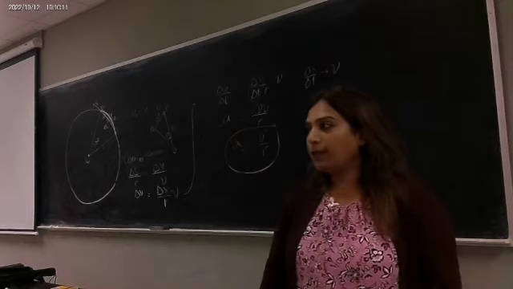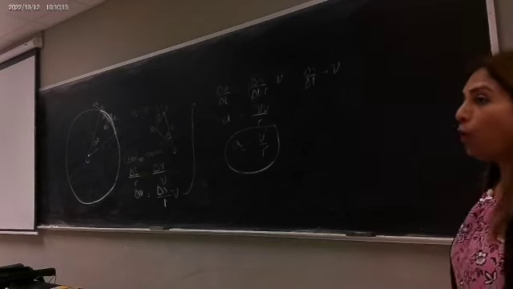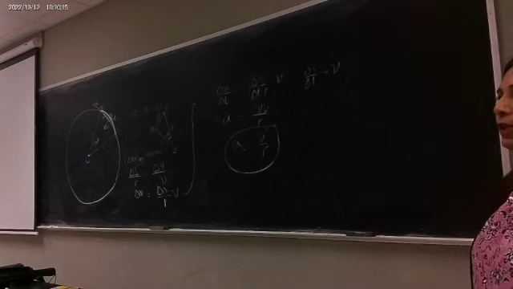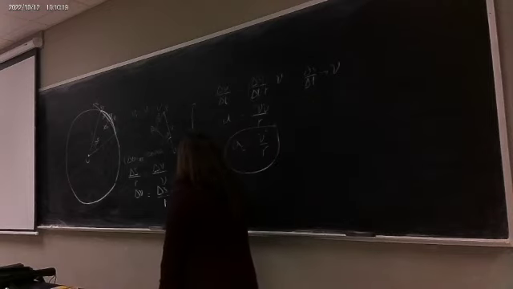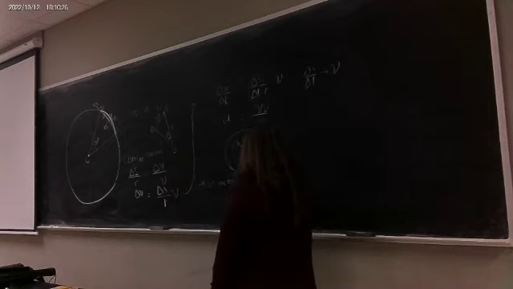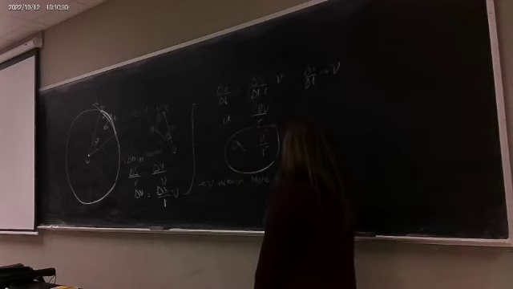So when the speed is increased, that means more acceleration is required to keep it in a circular path. So V increases means more acceleration or more force is required.